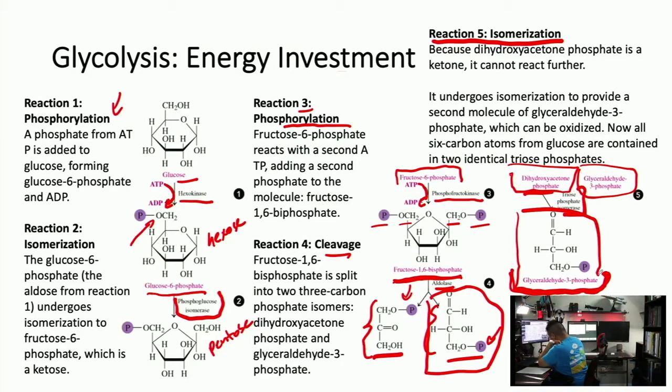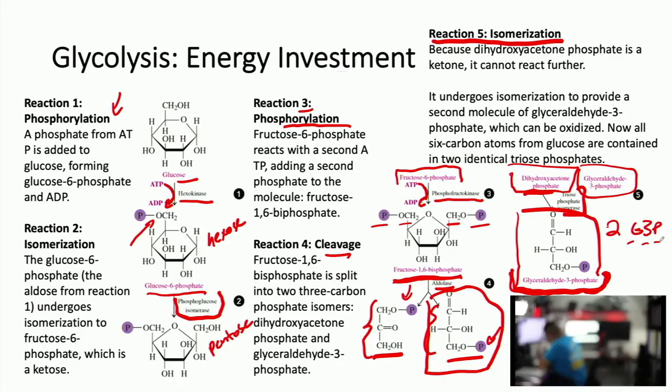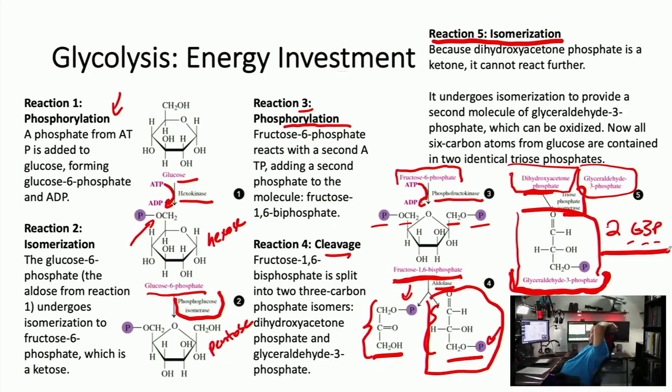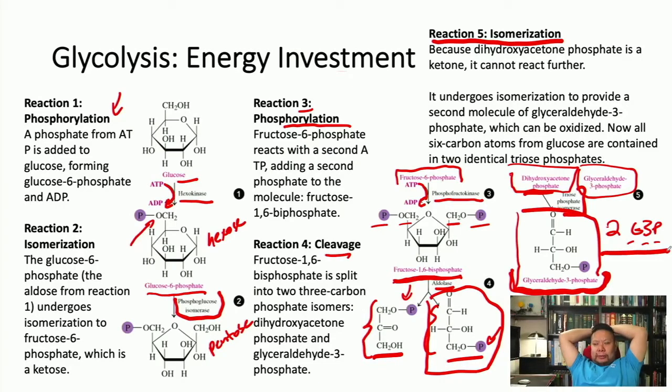Just remember that you have 2 G3Ps, 2 glyceraldehyde 3-phosphates. You should already glean from this that from a single glucose molecule, we can get 2 molecules that can be oxidized to make energy. So 1 glucose is worth twice as much energy, and you'll see what I'm talking about in a second. Just keep in mind we have 2 molecules now.